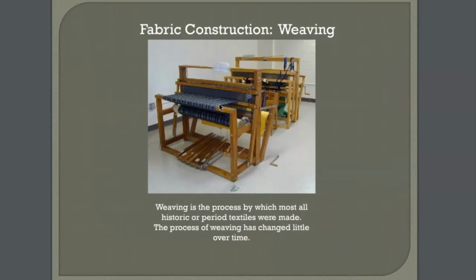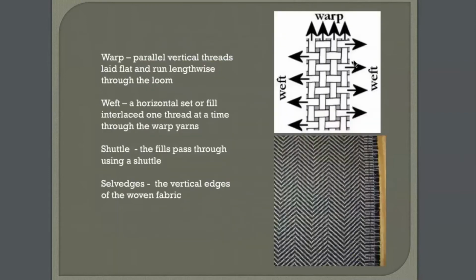That actually is a test question. The weft yarns run perpendicular to the warp yarns. Here is an example of a detail of that. If this is running up the line of the loom, we have your warp yarns. They run down the length of the loom.